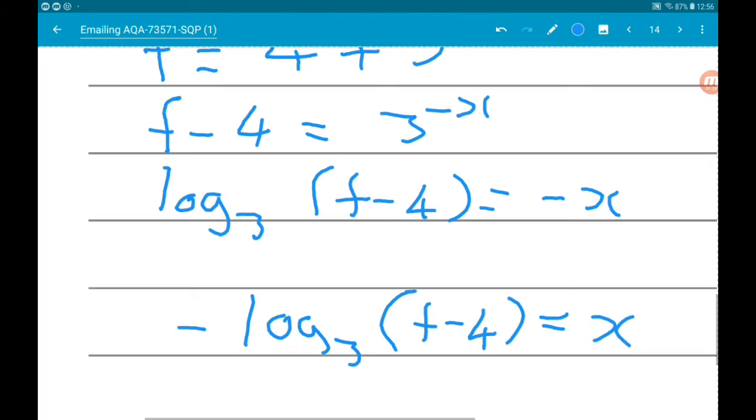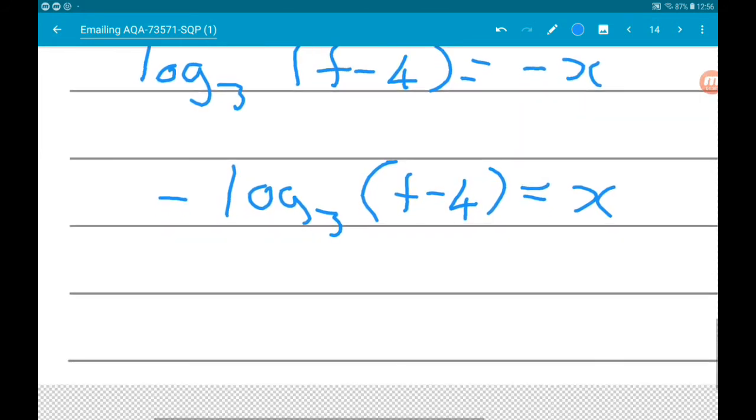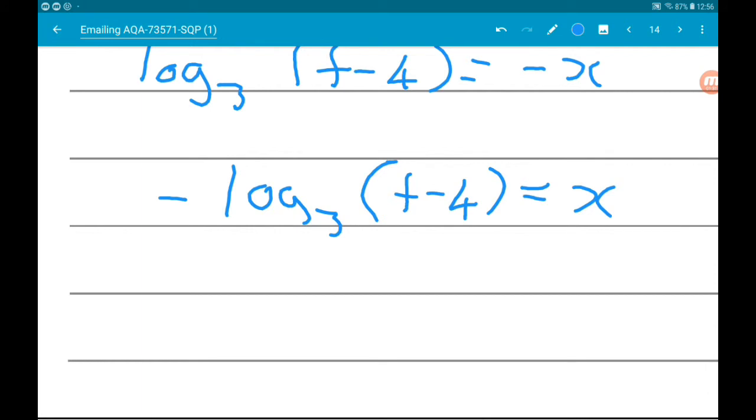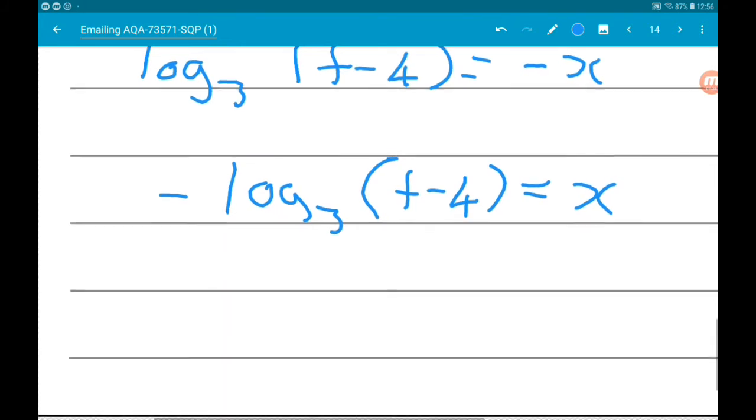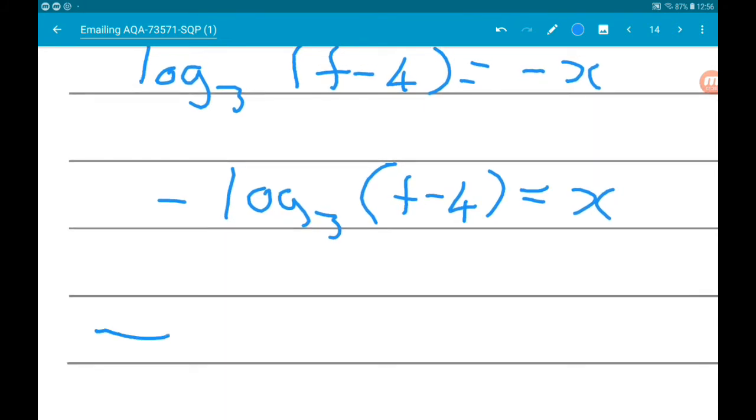And now the final step is to swap f and x, and f becomes f inverse. Therefore, f inverse is equal to minus log base 3 of x minus 4.